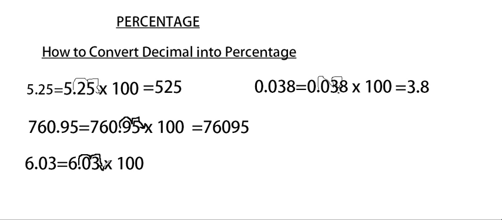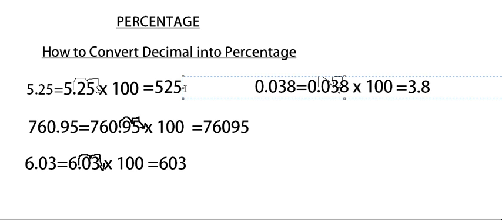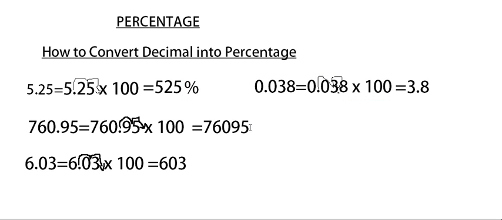So it becomes 603. And you must not forget to put the percentage sign in all the answers. Since I have not given percentage sign, I will show you. Yeah, you have to write the percentage sign because your question is to convert decimal into percentage.